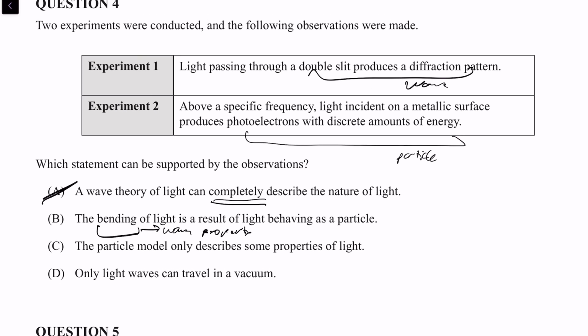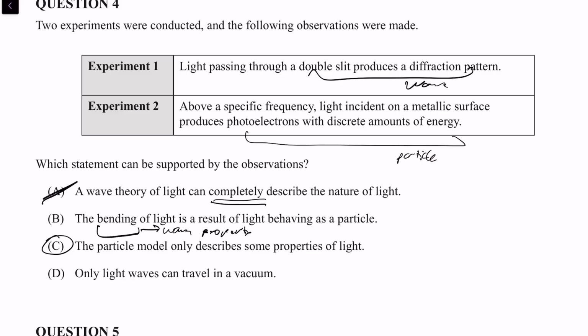Okay, the particle model only describes some properties of light. You see, this is not one of those always, not, or never sort of statements. So you can already know it's likely correct because it considers both the experiments here.